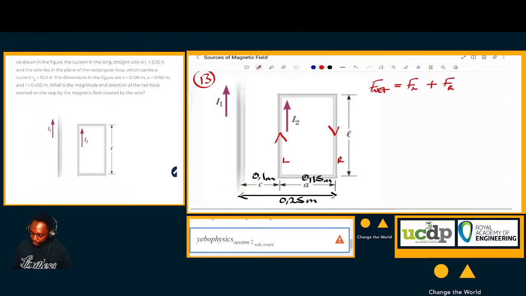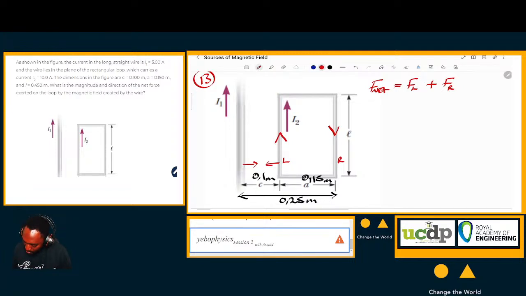Now the force due to the left side of the loop. We see that this is going to be an attraction between these two. Between the conductor and the left side, the current is going up, so we expect an attraction, which means that this conductor would move in this direction and this loop would move in this direction.